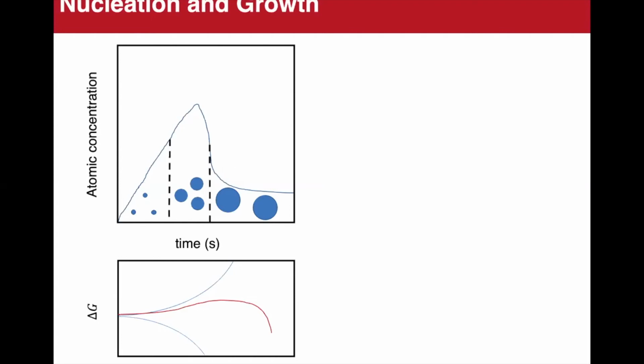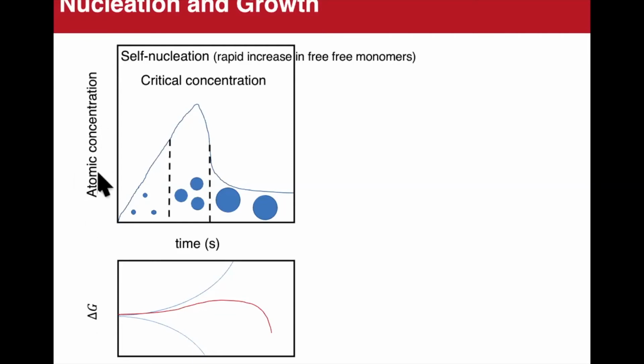So this is another way of looking at it. At first, there will be self-nucleation in which there will be a rapid increase in free monomers. At some critical concentration, as you can see here, there will be self-saturation.